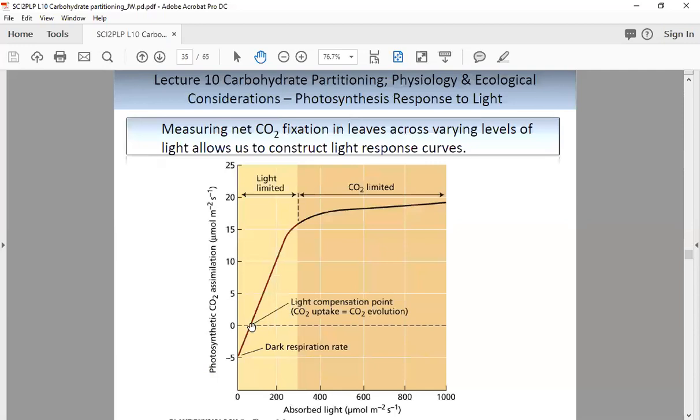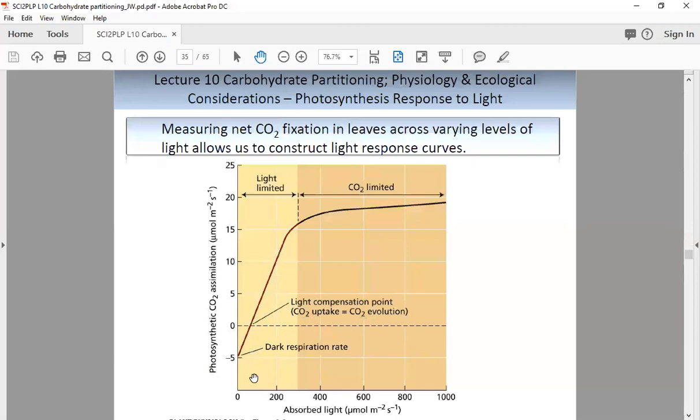So this point right here at 0. So let's recap. When the CO2 uptake as a result of photosynthesis equals CO2 evolution as a result of mitochondrial respiration, this is called the light compensation point. And this value varies depending on the species.